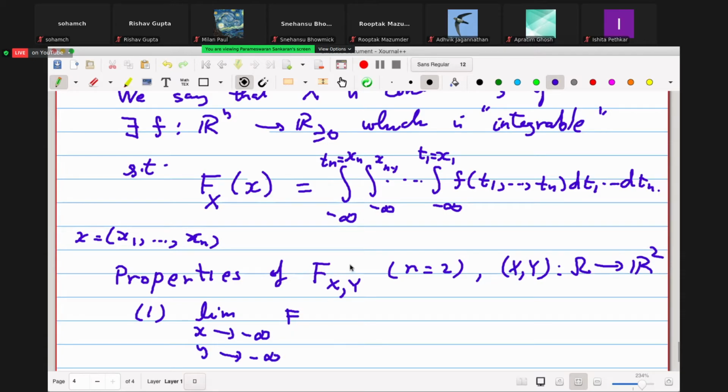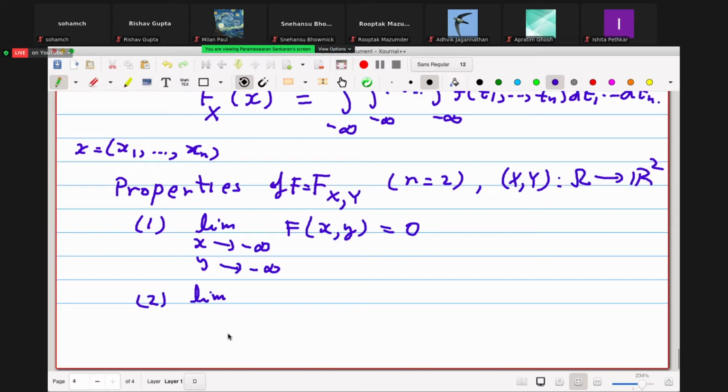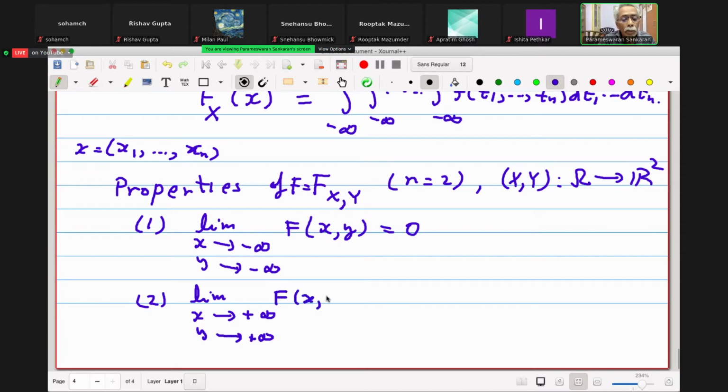Let us just write f because I don't want to write each time the suffix x comma y. This is equal to 0, because you want the probability of the empty set to be 0, right? Number 2, the limit as x goes to plus infinity, y goes to plus infinity, of f xy is equal to 1.